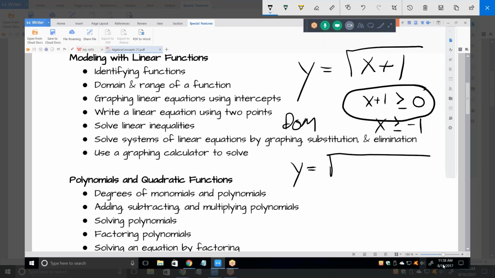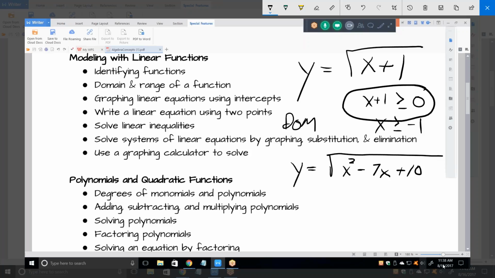Let's say I did this. Now, let me make that a minus sign.